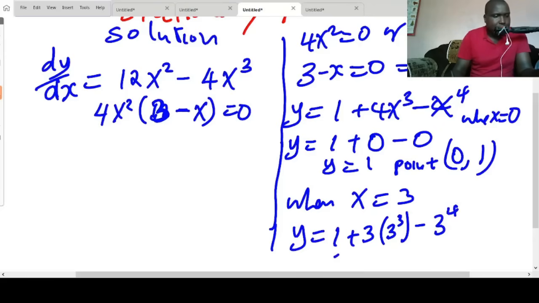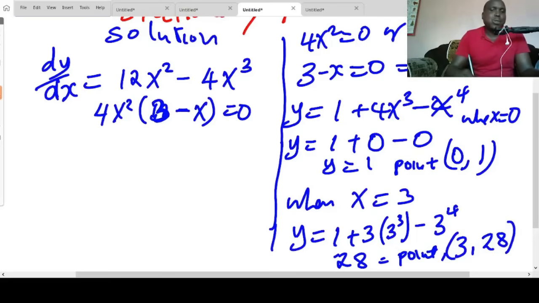And this one will give us 27 times 3, 81. That is one. This one is going to be 28. So the point will be x, which is 3, 28.